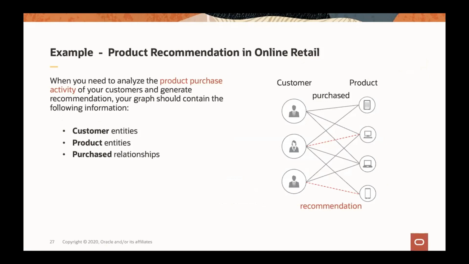And we'd like to create a graph using that dataset. So when you need this graph to analyze the customers and generate recommendations, your graph should contain, of course, customer entities, product entities, and purchase relationships.